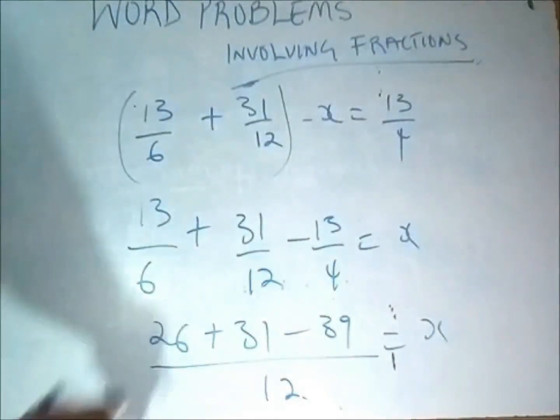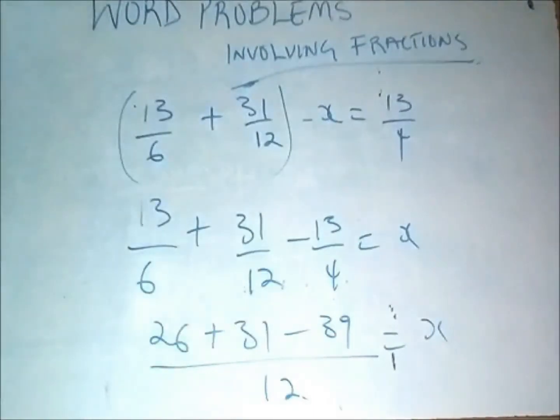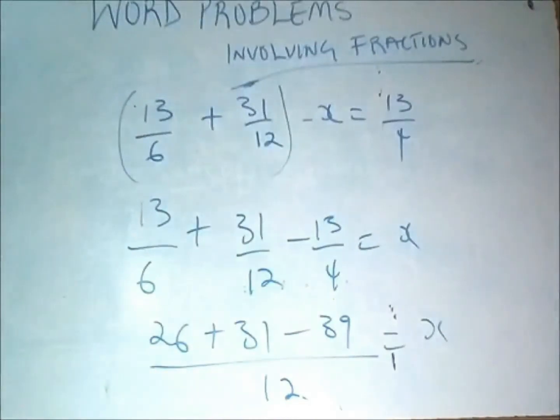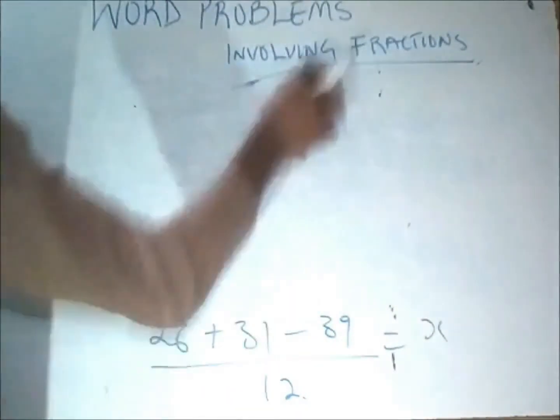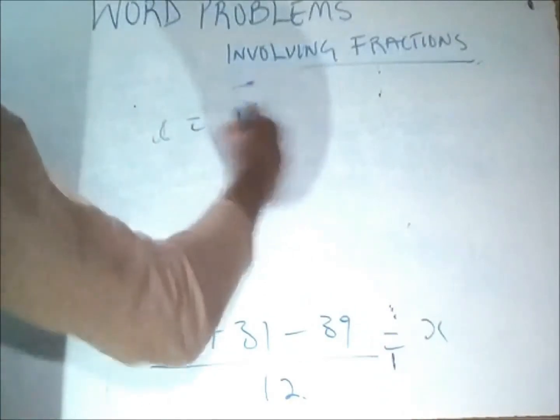The sum of 26 and 31 gives us 57, minus 39 gives us 18 over 12. So x is equal to 18 over 12.